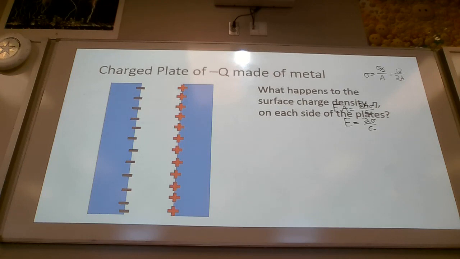So, what happened to the surface charge density? Right, this over here. Electric field: 2 times surface charge density.